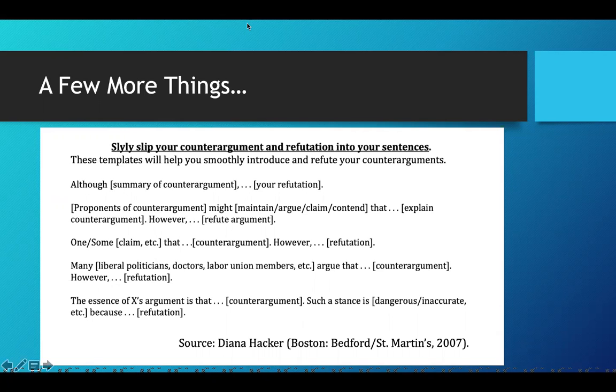Many liberal politicians, doctors, labor union members, whatever, many blank argue that blank, and that's the counter argument. However, and then you offer your refutation. And then finally, the essence of X's argument is that, and then you introduce the essence of the argument, which is in opposition to yours. Such a stance is, and then an adjective, dangerous, inadequate, weak, etc., because blank, and then you enter your refutation.